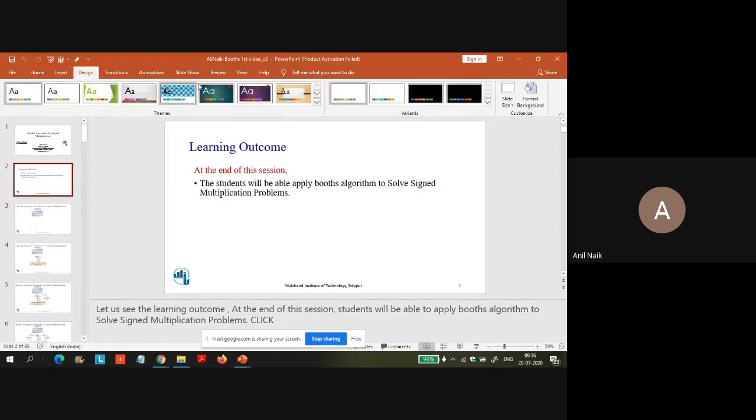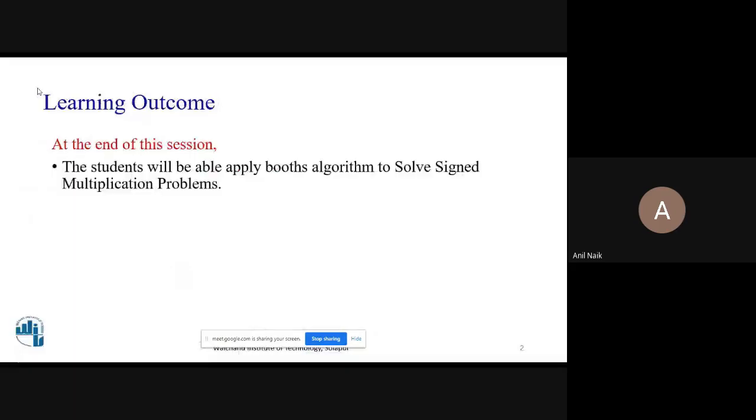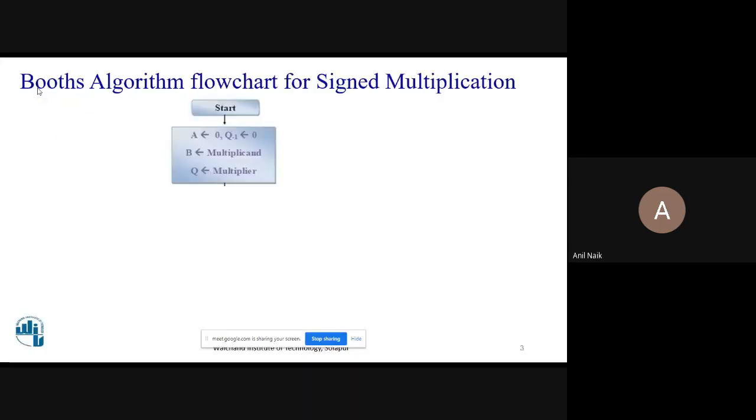So tomorrow we'll discuss this diagram, the flowchart, clearly. Booth's algorithm means how it flows. First, this is the initialization of the accumulator, initialization of the single bit register Q minus 1, multiplicand value, and multiplier register.